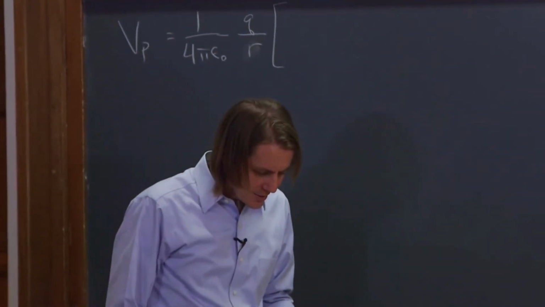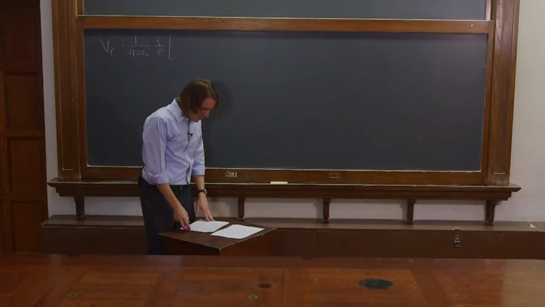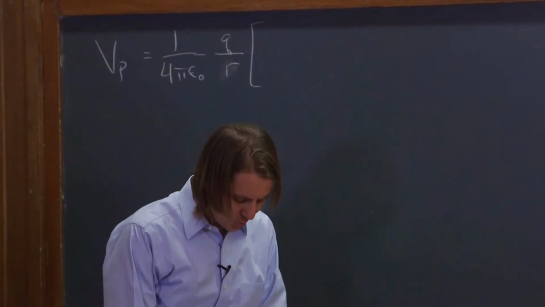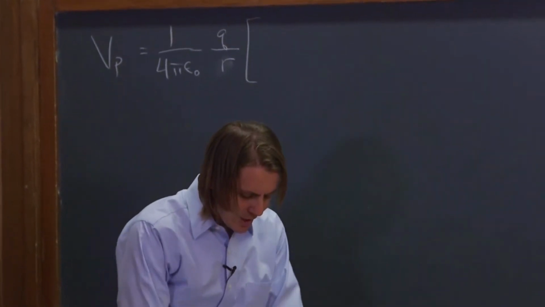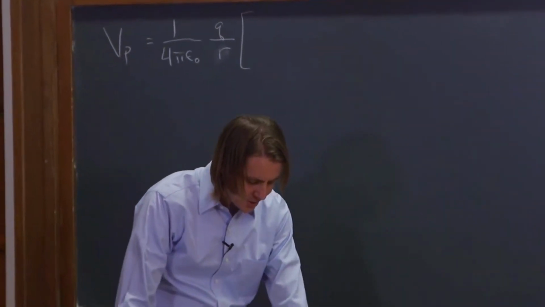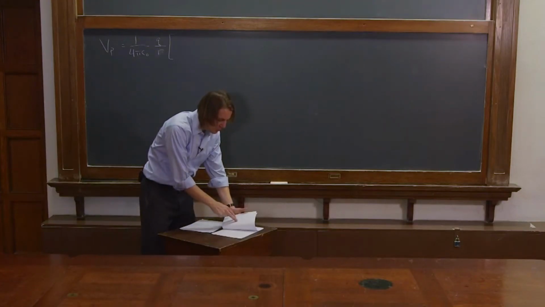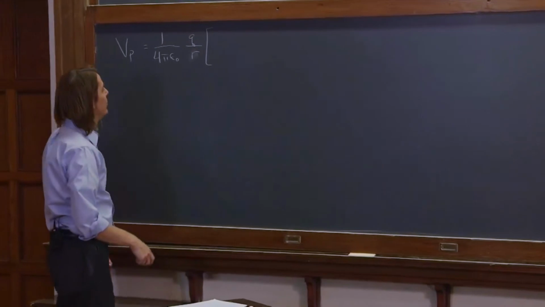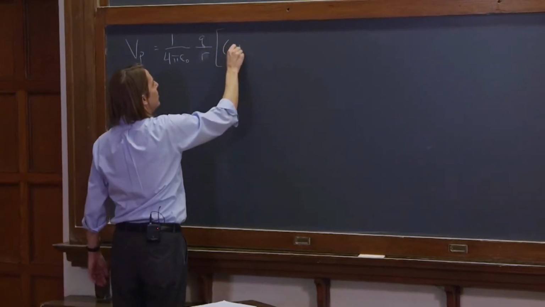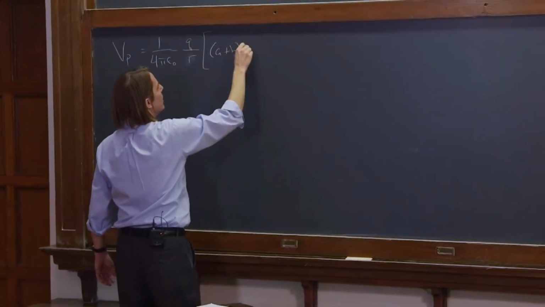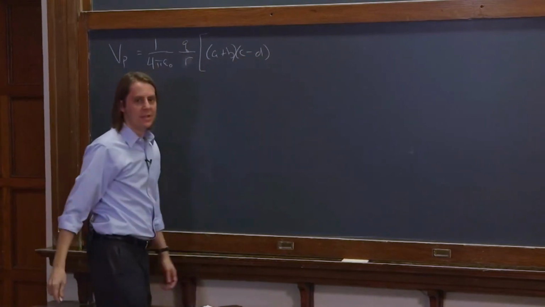So if you look at the sequence of terms, it was the cosine with the R plus, and it was 1 over R plus. So that ends up being A plus B times C minus D. So A plus B was the 1 over R plus term, and C minus D was the cosine term. So it's A plus B times C minus D.